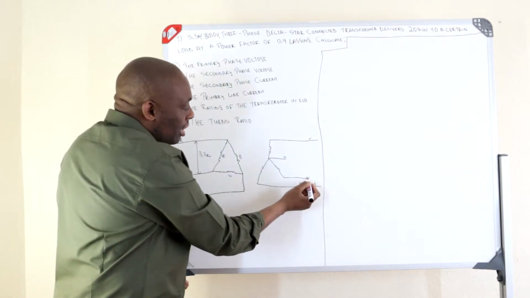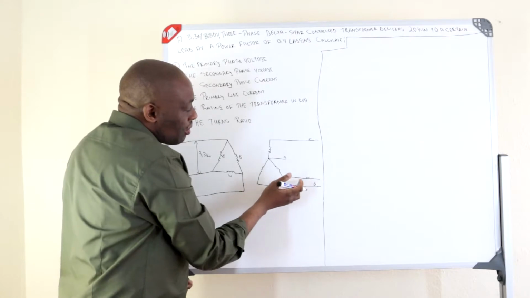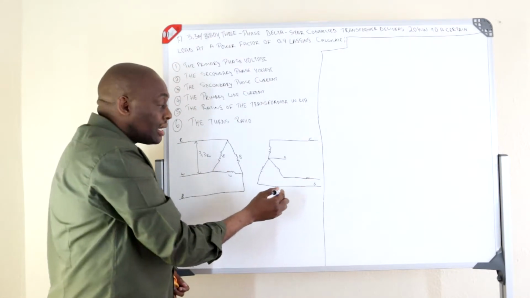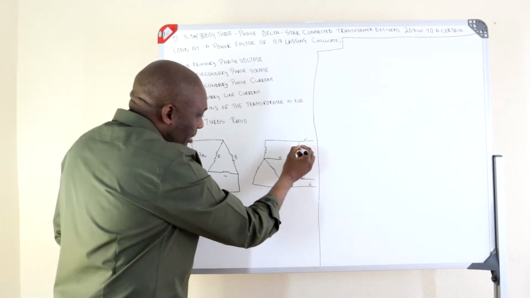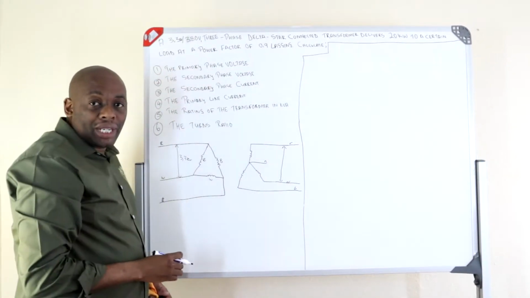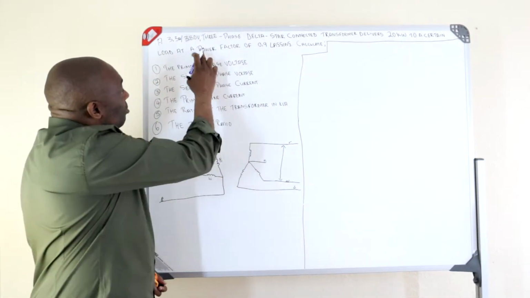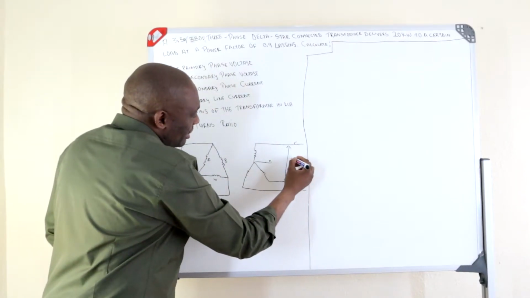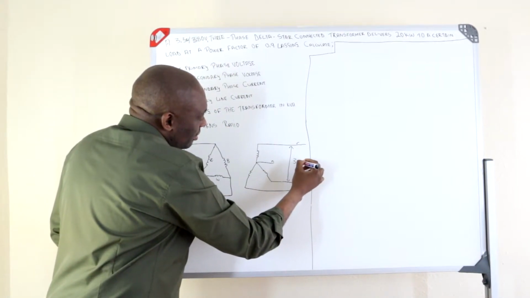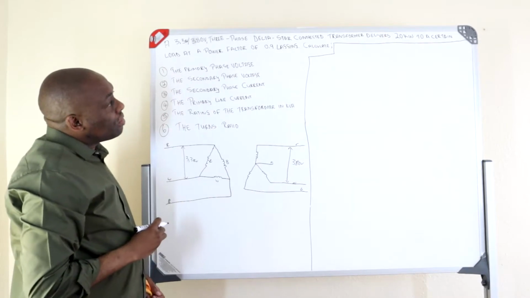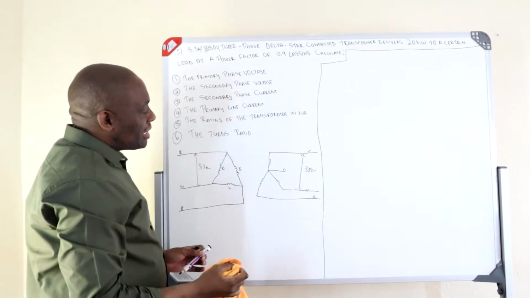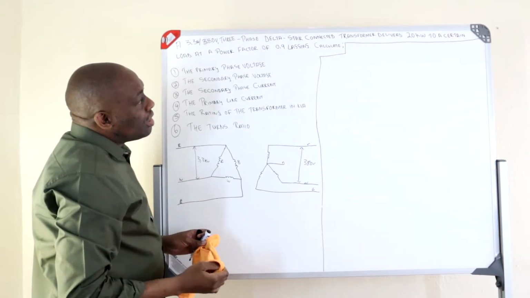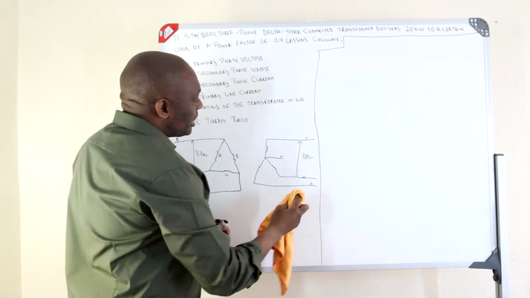So now I'm going to draw it between our red and white line, which is 380 volts. And then it says that the transformer delivers 20 kilowatts to a certain load.